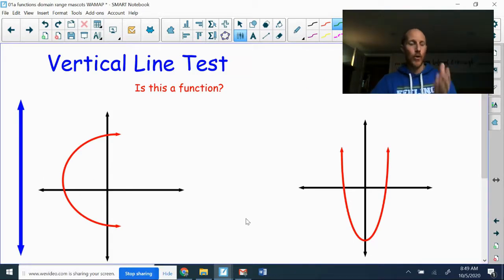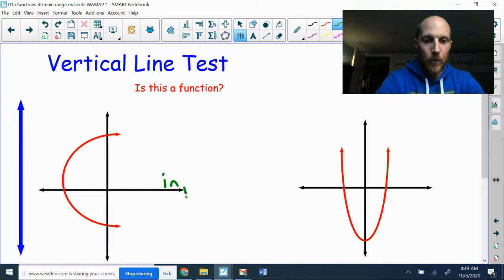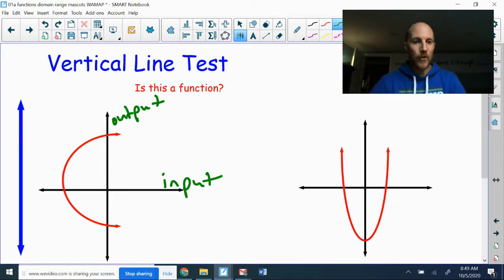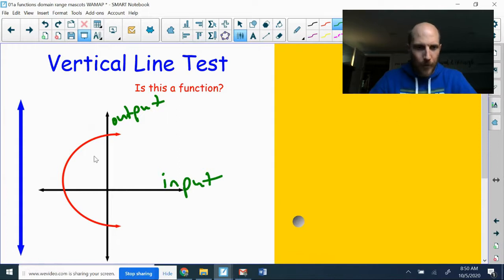If I want to find out if a graph represents a function, it's still that same definition: every input has one output value, but on a graph, the input means the x and the output means the y coordinate. So in order to find out whether this graph represents a function, I like to use the vertical line test.